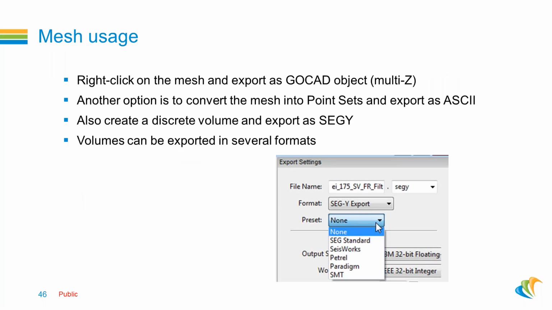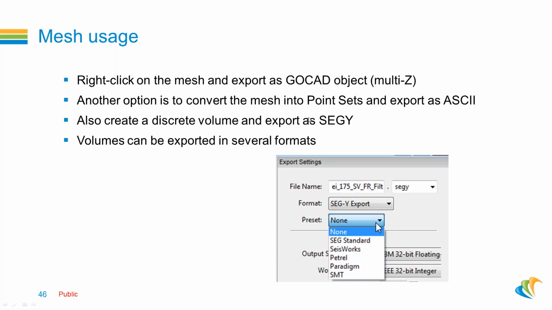Then after creating this mesh, the next question would be, what can I do with that? Well, we can use this mesh from the data list. We can just right click and export it as a GoCAD object, a multi-set for another software. We have another option to convert the mesh into a point set and export in ASCII. And we can create a discrete volume and export this volume as a CY.